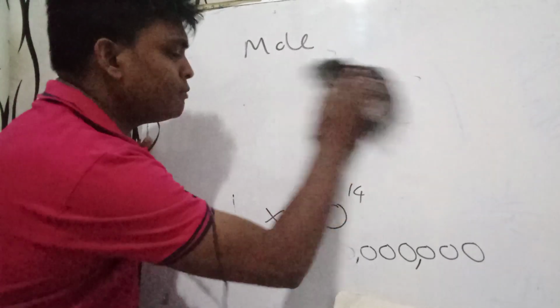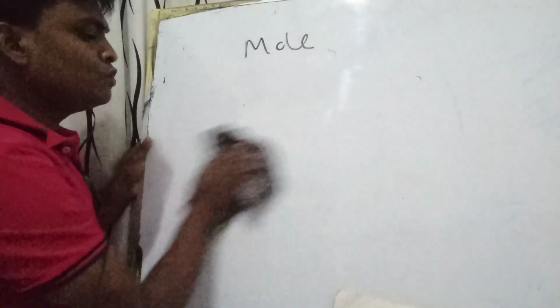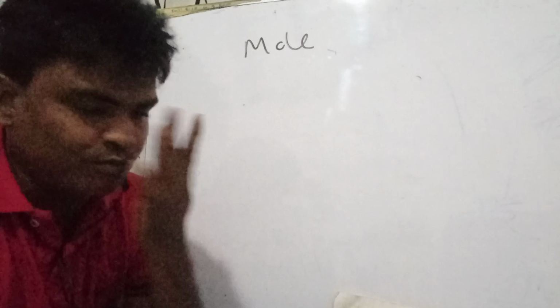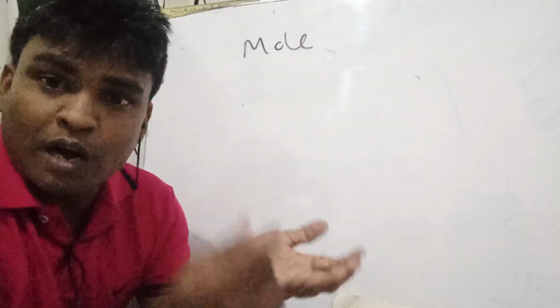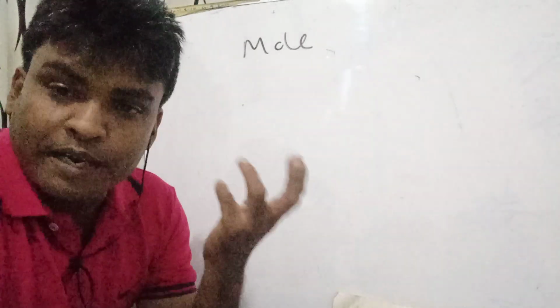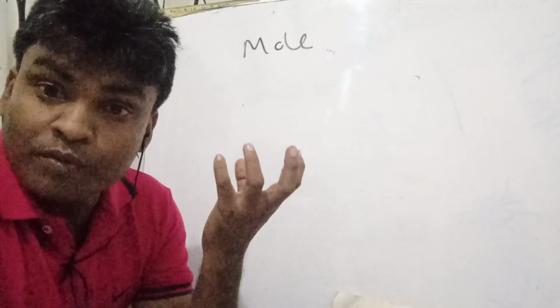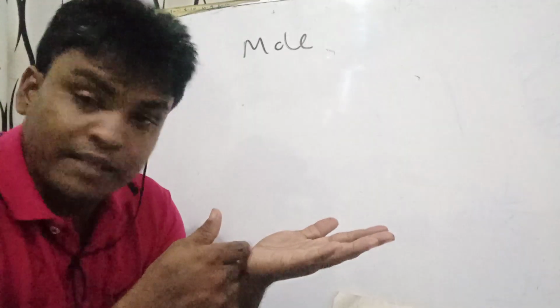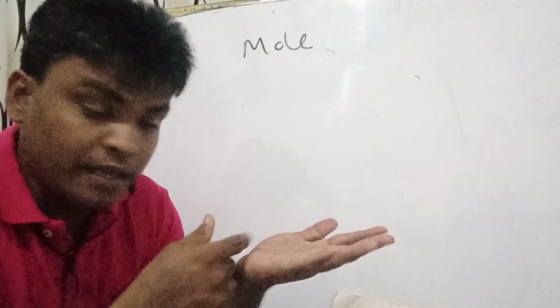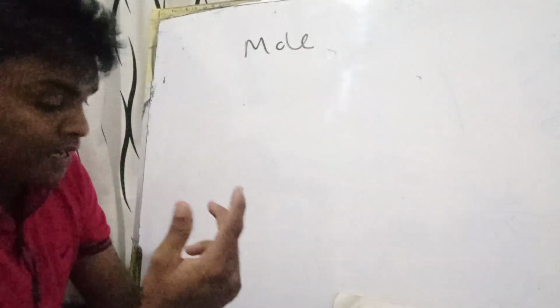So how do we find the moles? You need not worry how to find the moles, because we are not counting one by one. For example, whenever they ask me to give 1 mole of sulfur, if I count sulfur atoms one by one, how many sulfur atoms would I have to count?